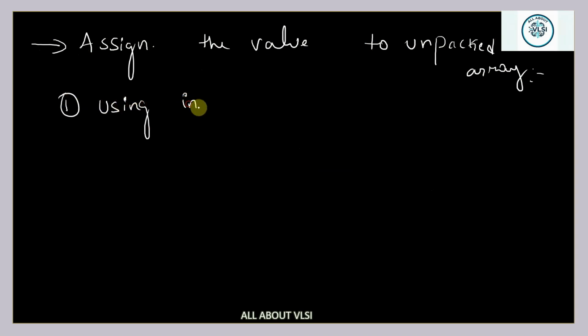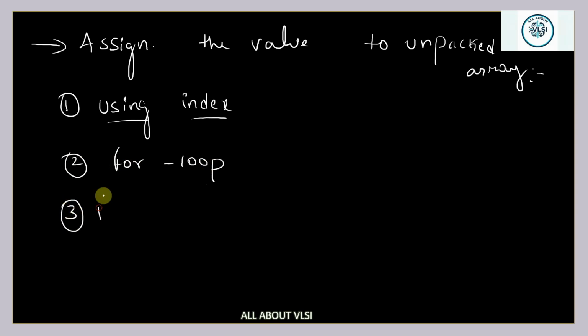Using the index of your unpacked array, you assign the values. Or else you can use a for loop, and we can also use a foreach loop. So one is using the index, another is for loop, and another is foreach loop.